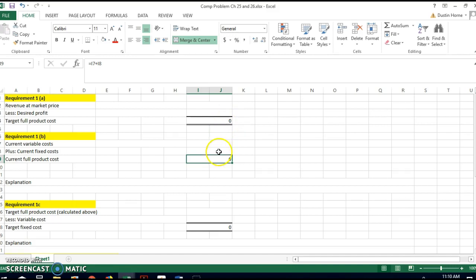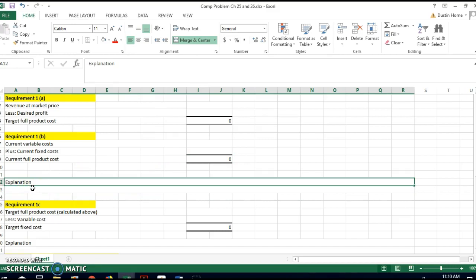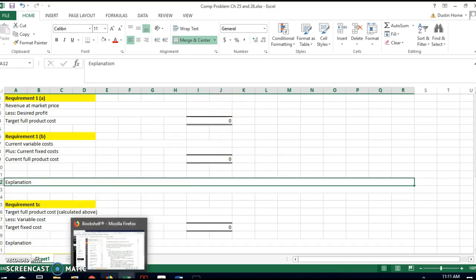So if our current number is larger than our target cost, we don't want it to go over our target cost. If it is over that, then we're not going to be able to achieve that profit level that we're wanting to target, okay? And that is all for 1A and for 1B. So that explanation is what I just explained to you. After you do this, you will be able to explain it.